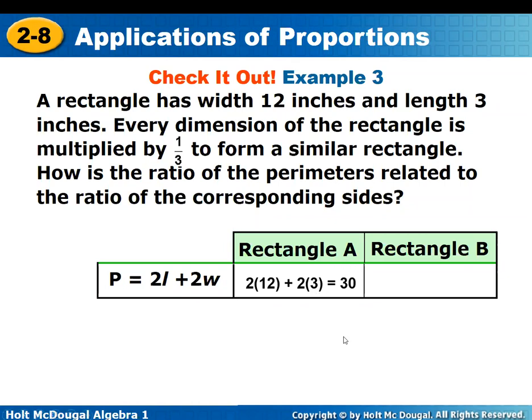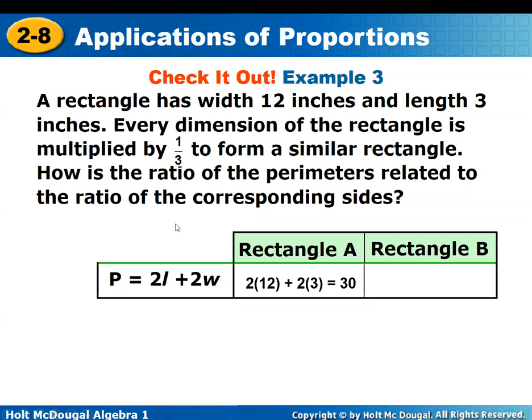Can anyone tell me how I'm going to calculate the perimeter of the second one? How am I going to find the dimensions of the second rectangle? He gave us information up here. He said multiply by a third, multiplying by a third, right?